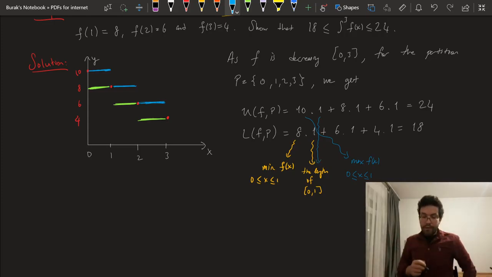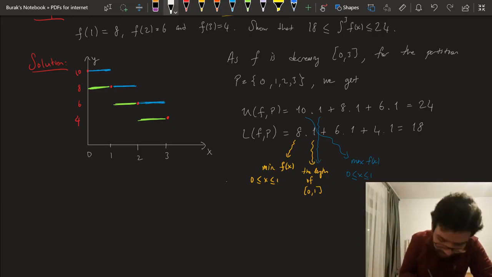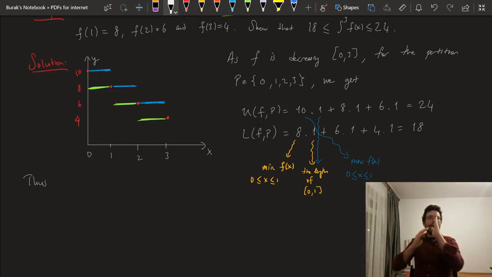Now, remember, you have your integral, you have your upper Riemann sums converging to this, lower Riemann sums converging to this, and we have the following general fact. An upper Riemann sum for any partition is always greater than or equal to your integral, which is always greater than or equal to a lower sum.